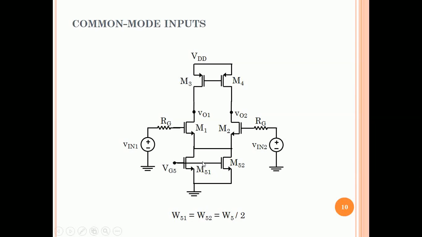Alright, if you think about it, two parallel transistors of width W by 2 and W by 2 is identical, and it is the same as one transistor of width W. Now, if we cut this right in the middle, then no current flows across any horizontal wire, and therefore we can look at only one half, the left half or the right half of the circuit, to determine the frequency response of this circuit.